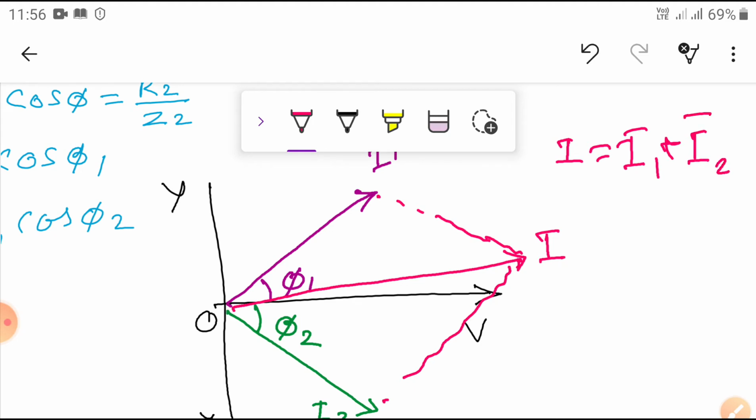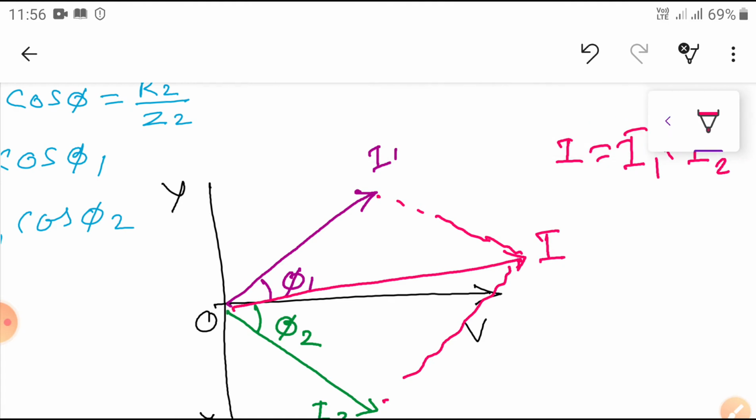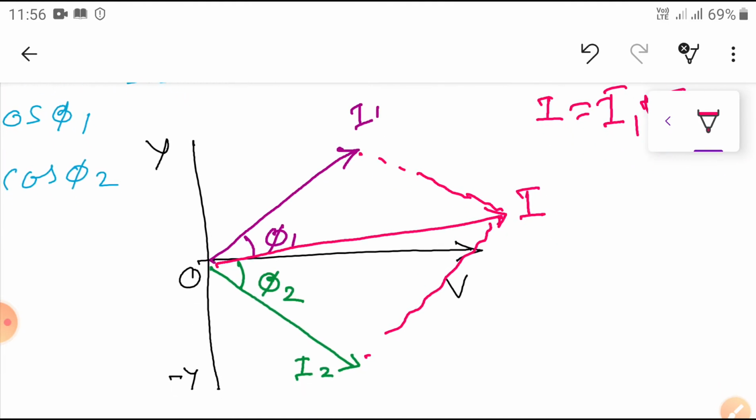Now, by parallelogram, so what have we done? This is I1, okay, this is I2, we are drawing the parallelogram, we are going to get the I current. Now, this current is equal to, we can write the phi, okay, that is step 2.